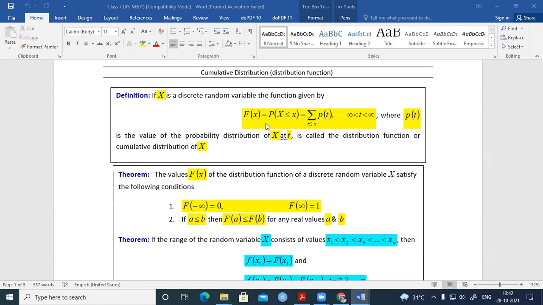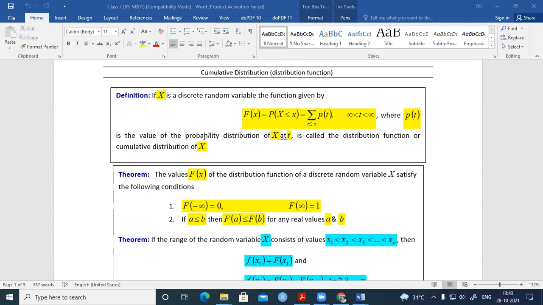Now, my today's topic is about... Although yesterday I told you that I would be discussing bivariate distribution, after reaching home, I suddenly found that this particular topic of cumulative distribution has not been discussed yet.